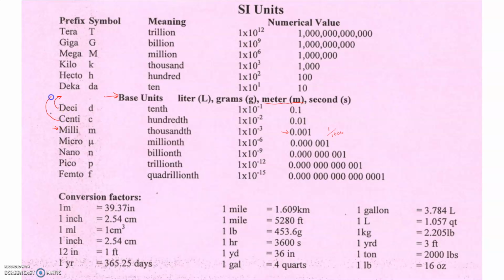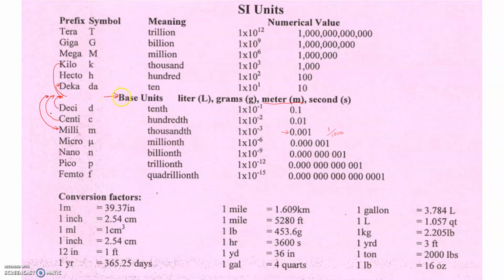So deci, centi, they're all relative to this base unit. So if I need to convert from kilo to deca, this sheet does not tell me how many decameters are in a kilometer. What it does, if I need to go from kilo to deca, I could go from kilo to meter, and then meter back to deca.